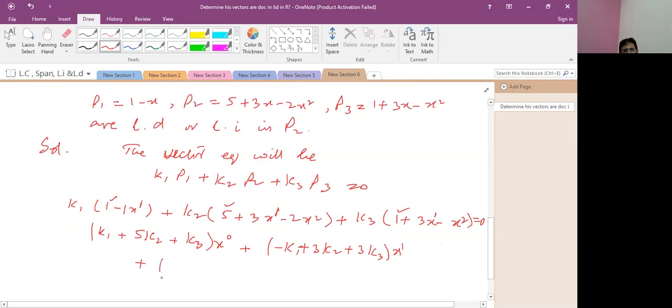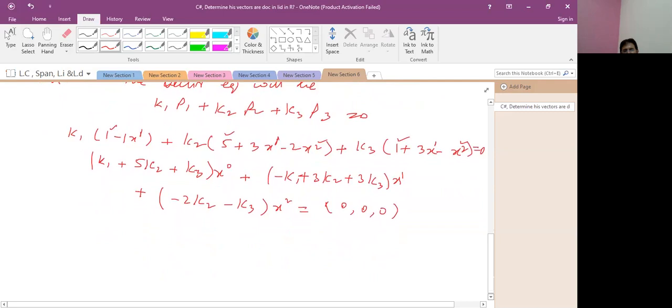Similarly, plus sign, the last variable x2, but the first is absent. So we write here, student, minus 2 times k2 minus k3 of x square, which is equal to 0 because the vector is in 3 dimensions. So student, we will consider k1 plus 5 times k2 plus k3 equal to 0, each expression equal to 0, and form 3 equations.